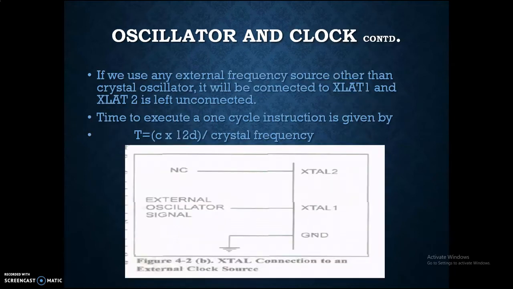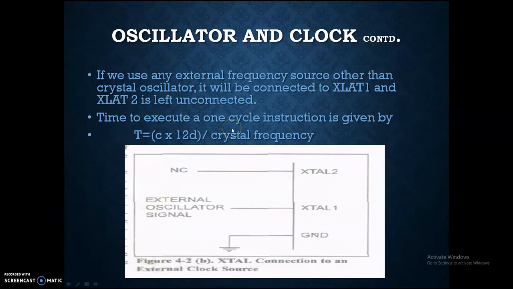so when an external frequency source other than a crystal oscillator needs to be connected, there is a small spelling mistake here, this is XTAL1 and XTAL2, XTAL2 will be left unconnected and the external pulse should be connected to XTAL1.